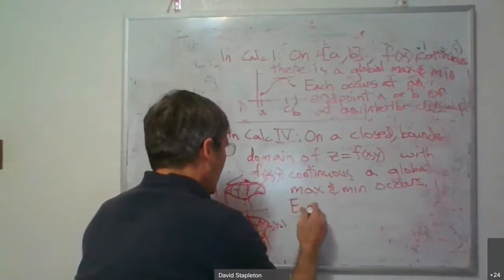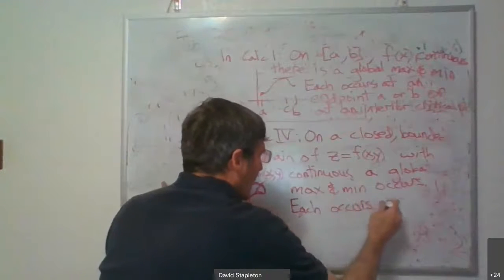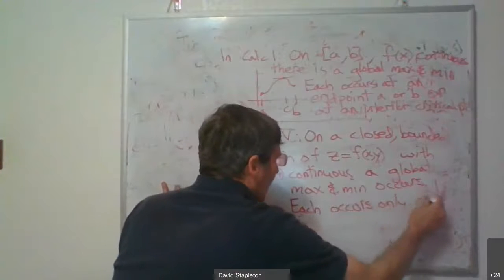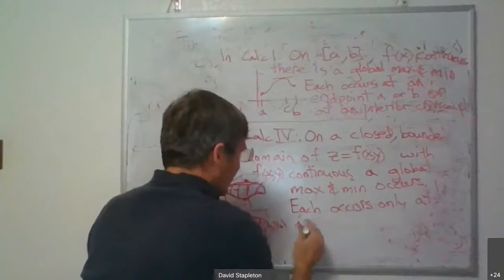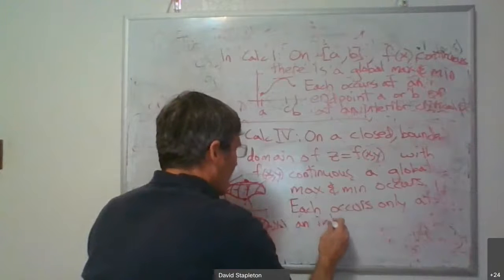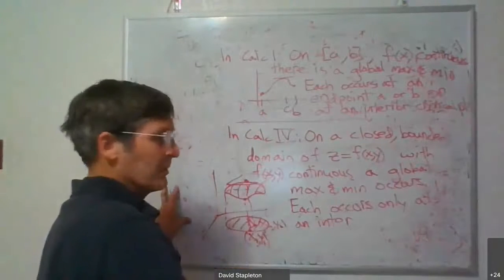Each occurs only at a critical or a boundary point. It's just a function. It's just a region of two variables instead of one.